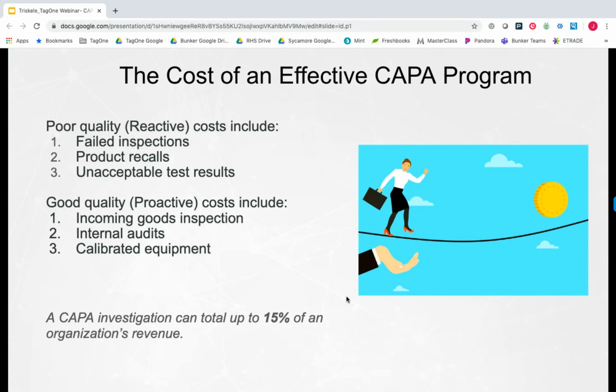So those are all examples of poor quality costs. Good quality, proactive costs would be taking the time to invest in a proper incoming and receiving inspection program and process, so that you're evaluating your raw materials and components before you use them in manufacturing. Your internal auditing program is critical. An internal audit is your opportunity to find issues before an FDA inspector finds them. It's much easier to fix things internally than to have an FDA inspector find the issue and force you to maybe do things that you may not really have to do.